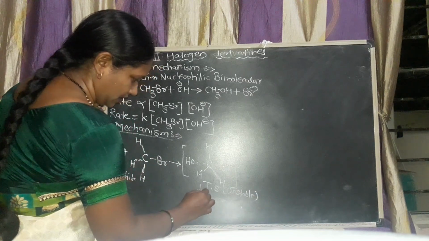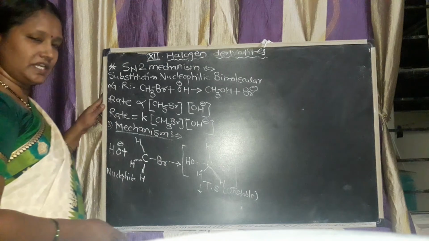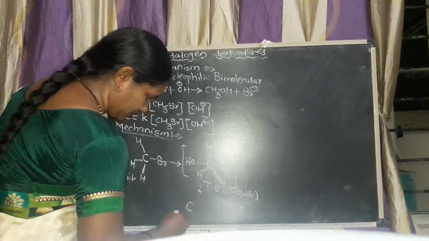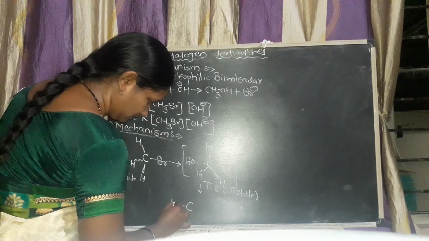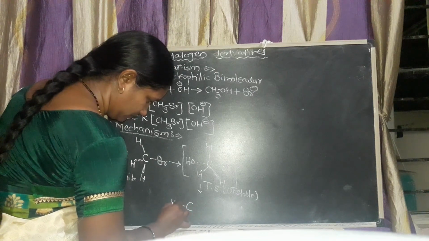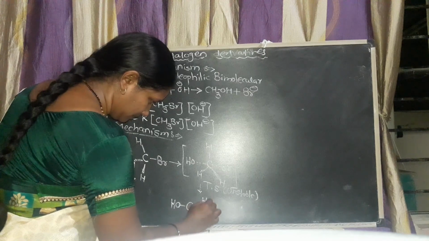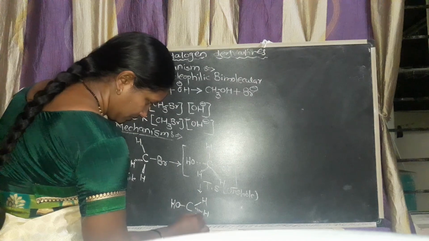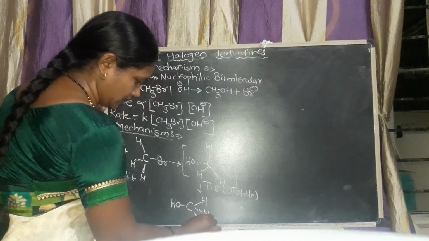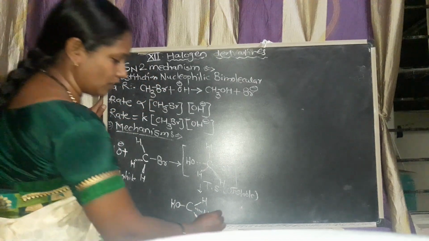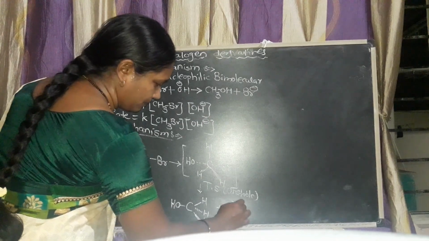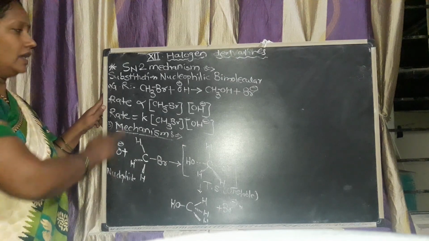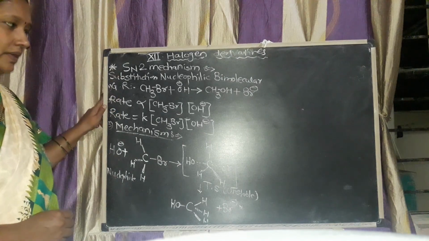It can be converted immediately into the product, methyl alcohol plus leaving group Br minus. Students, this is the mechanism of the SN2 reaction.